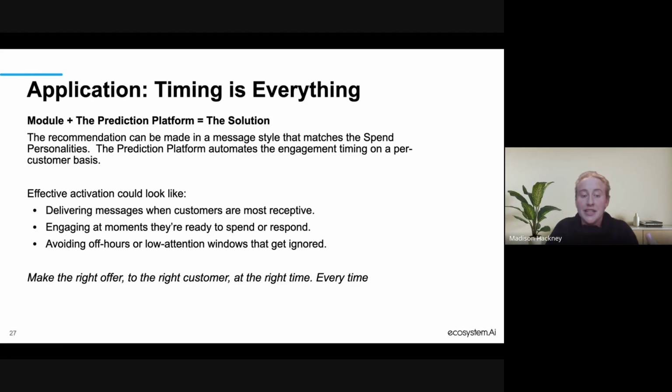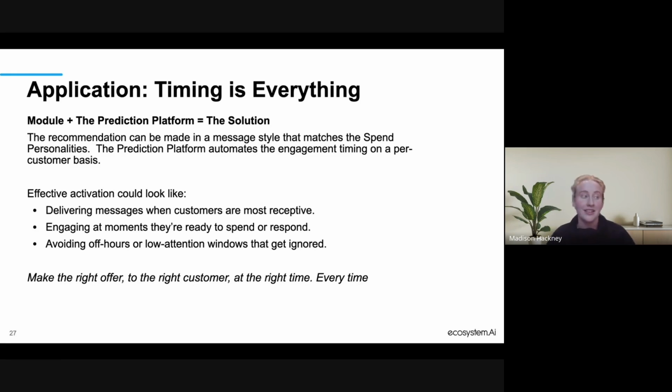There is a limited time window to engage with that customer. They have come in for a purpose and they want to complete that action. Your message needs to be delivered at that time and match that purposeful engagement. And that's obviously where the messaging style would come in. Using the full solution, banks can make the right offer to the right customer at the right time, every time.